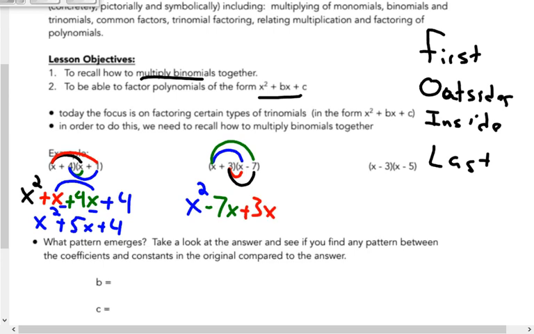And then the black one, that's my last ones. Positive 3 times negative 7, negative 21. Okay? Is everyone okay with those numbers there that I got? Okay, now all you do, what's negative 7 plus 3? Negative 4.